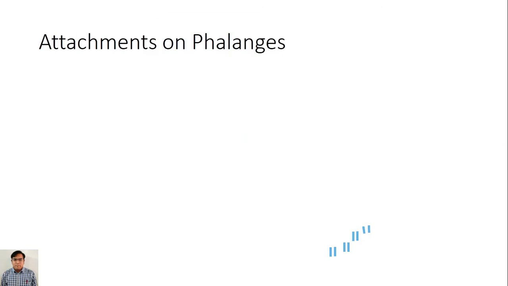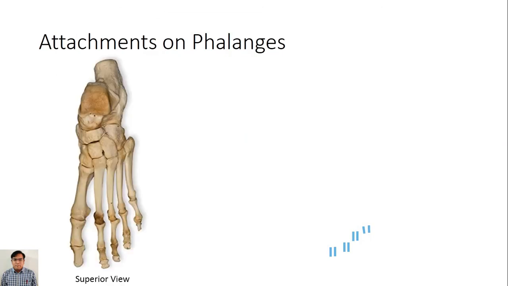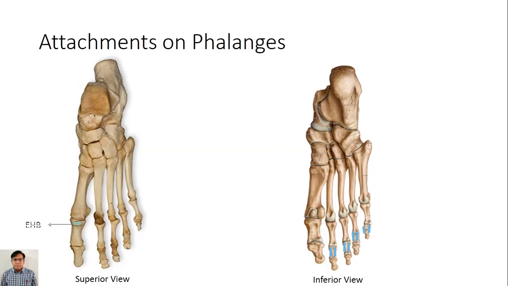Now, the attachments on the phalanges, this is the superior view and this is the inferior view. The superior surface of the base of the proximal phalanx of the great toe gives insertion to extensor hallucis brevis, and the superior view of the base of the distal phalanx of the great toe gives insertion to extensor hallucis longus.